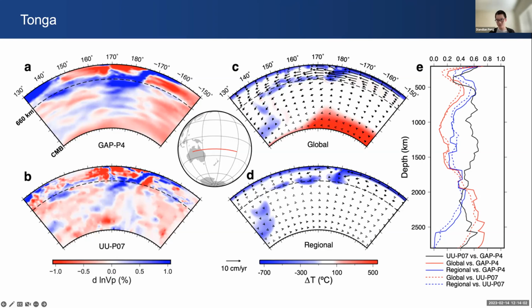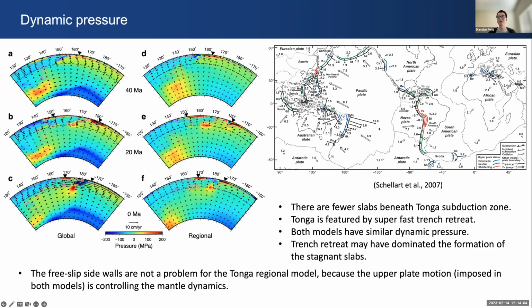So let's look at the subduction rate and the trench retreat rate to find out the difference between Tonga and East Asia. In this figure, the open arrows show the plate motion. These arrows show the trench retreat. Tonga is a very special region, which is featured by the fastest trench retreat.